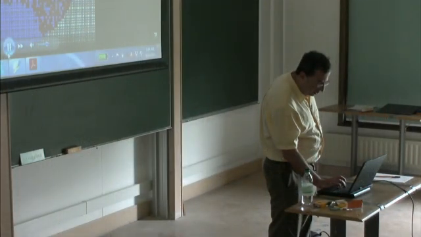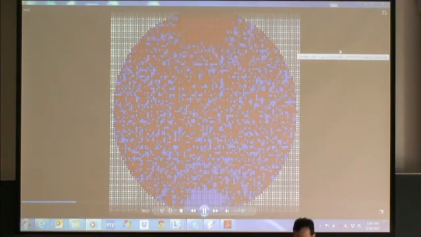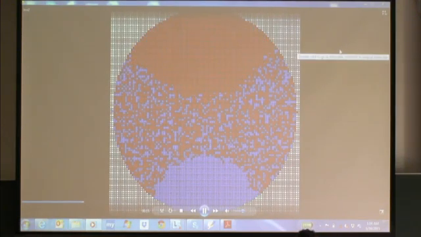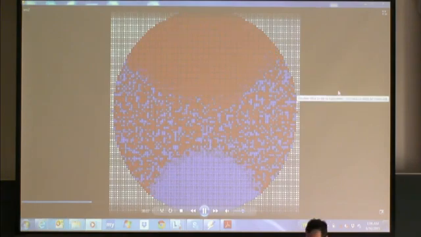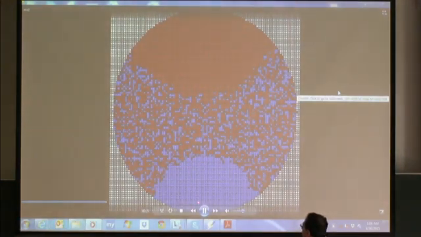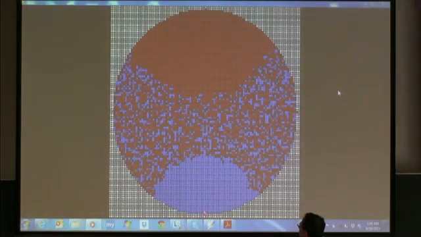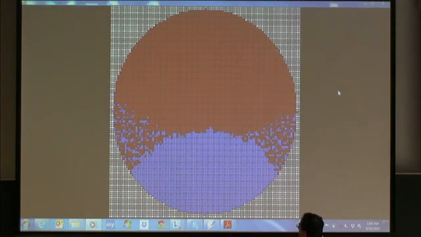I'll come back to this video. It tells you what the process is. In this process we have a blue source on one side of a domain, a red source on the other side, and they alternate producing particles of their color.